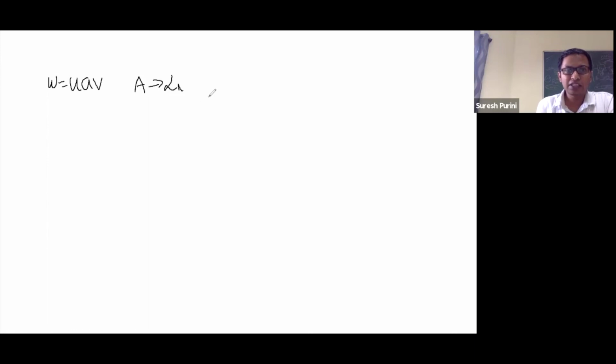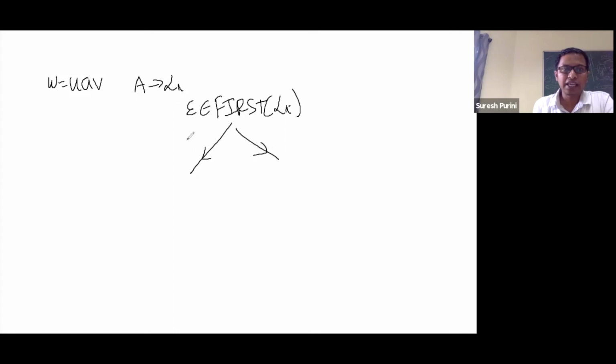The first case: epsilon belongs to first of alpha I or not. Let's say epsilon does not belong to first of alpha I. Then the only way the parsing process can succeed is if the current lookahead symbol belongs to first of alpha I.